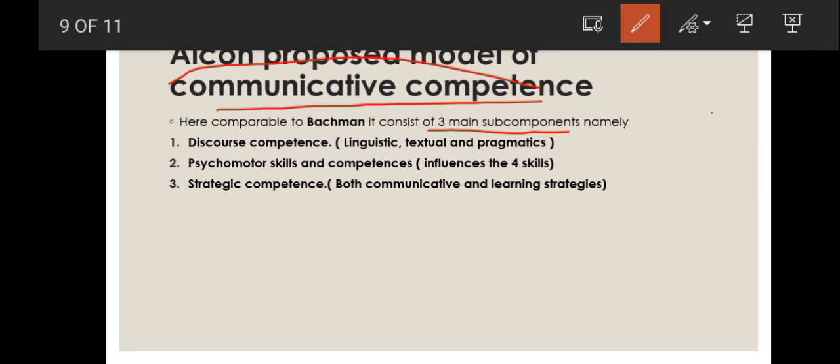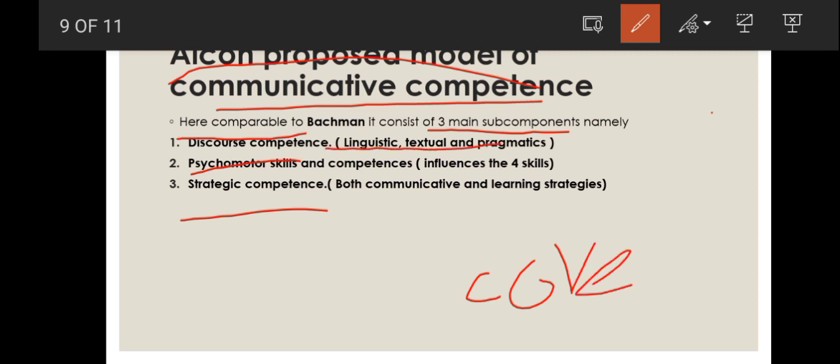Bachman presented two components, and Celce-Murcia presented three main sub-components: discourse competence, psychomotor skills, and strategic competence. These are the three. Discourse competence, you can see here, is the core of communicative competence, and it is further divided into linguistic, textual, and pragmatics.